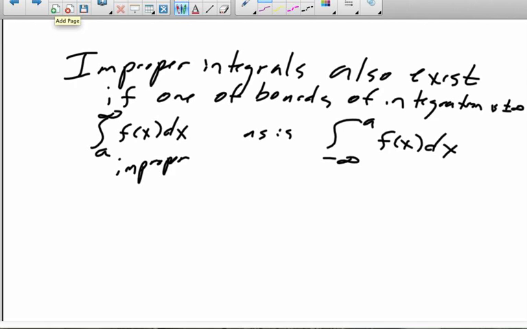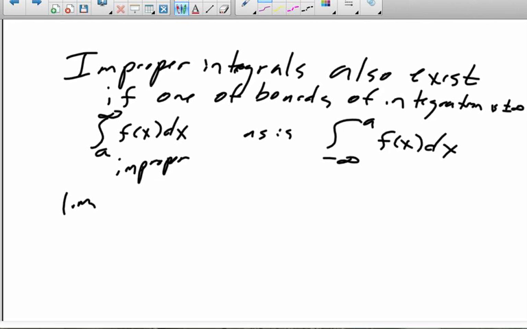These are both improper. Now, one of the things we're always worried about is what's called convergence. Do these things actually converge on a value, in which case we could go ahead and actually find the integral, even with infinity. So convergence.